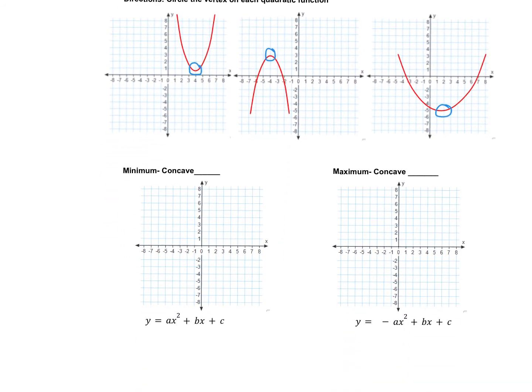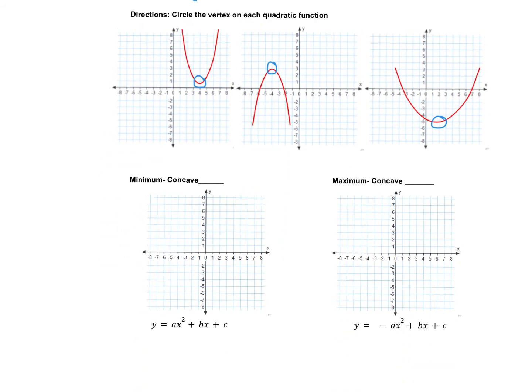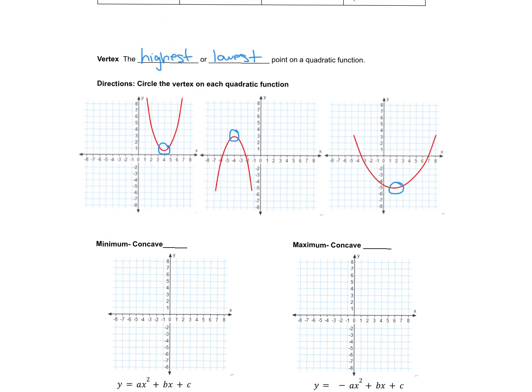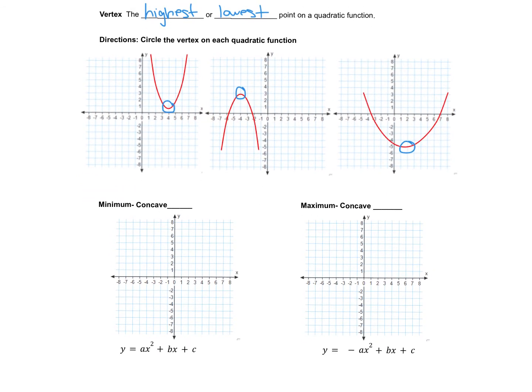Then we have these next words. So it was a vertex. Now we're going to talk about minimum and maximum. So a minimum is when we have a lowest point. The lowest point.